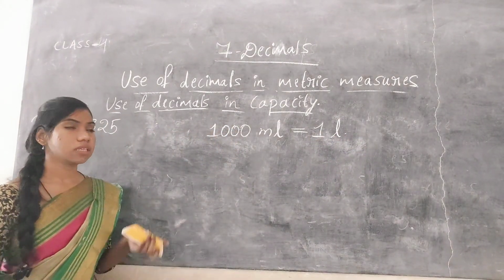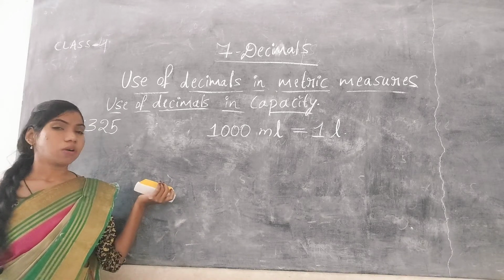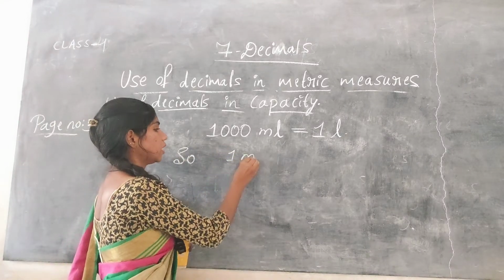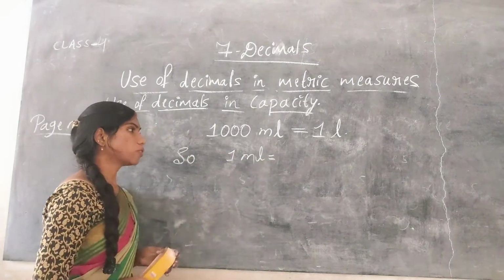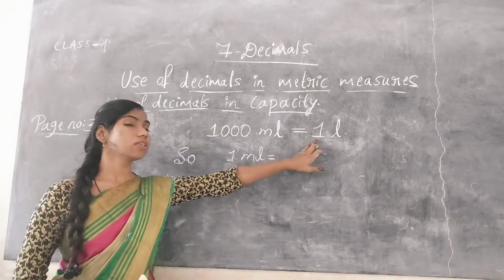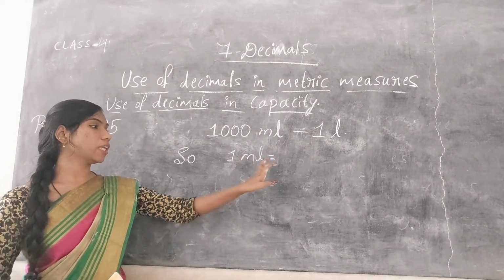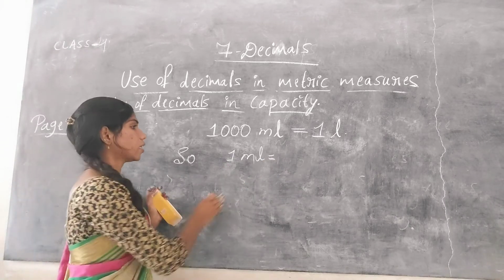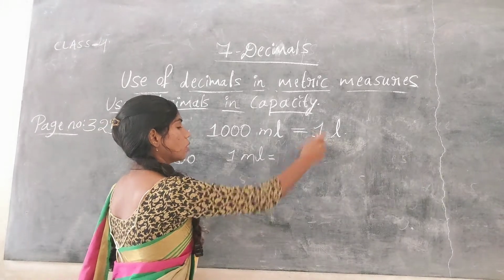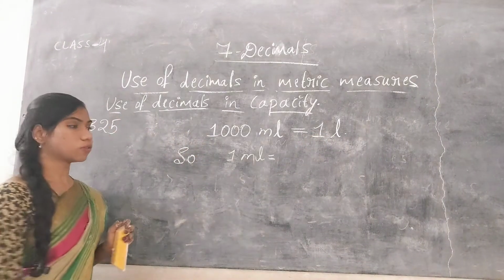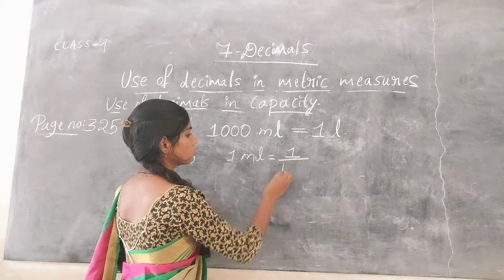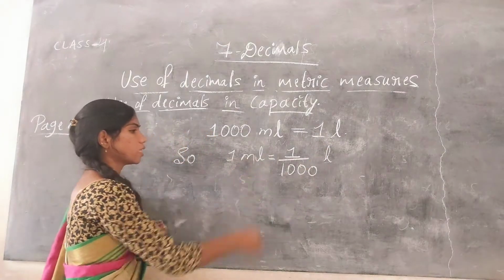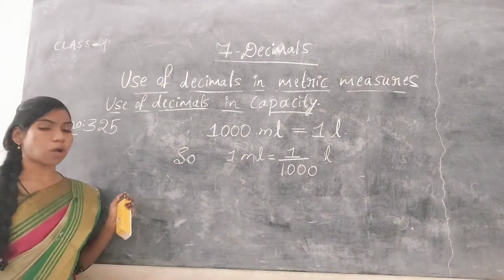If 1000 milliliters is equal to 1 liter, then 1 milliliter is equal to how many liters? We divide 1 liter by 1000, so 1 milliliter is equal to 1 by 1000 of a liter.